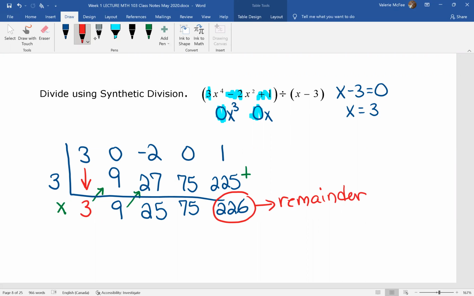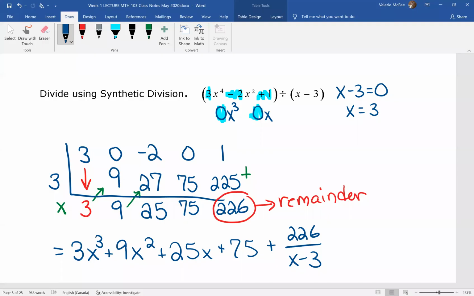Write the quotient with the remainder. Remember that powers of x are added starting at the right. We start with x to the power of 0 and then go up. So we have our quotient plus the remainder over the divisor.